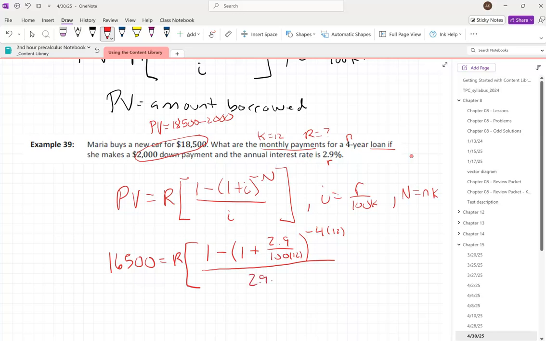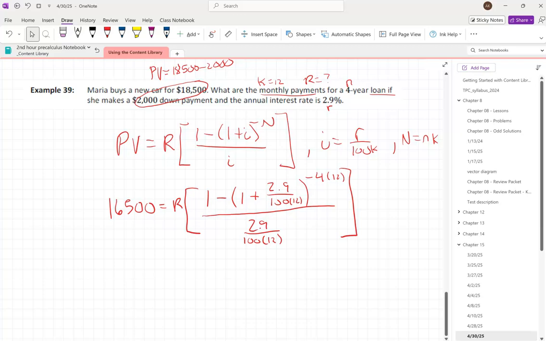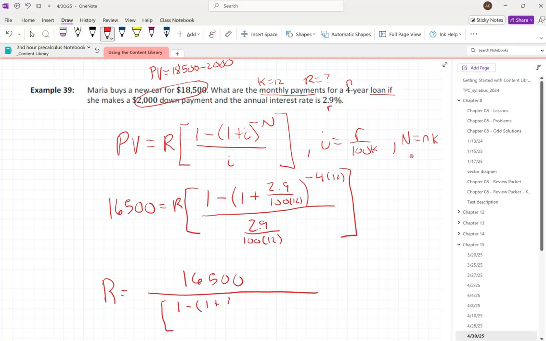So if I divide both sides by that thing, I'm going to have this, right?